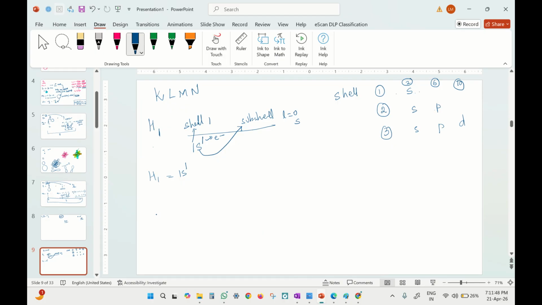So what would be helium's electronic configuration with atomic number 2? The s subshell in the first shell can carry how many electrons? And still one more vacancy is there, no?